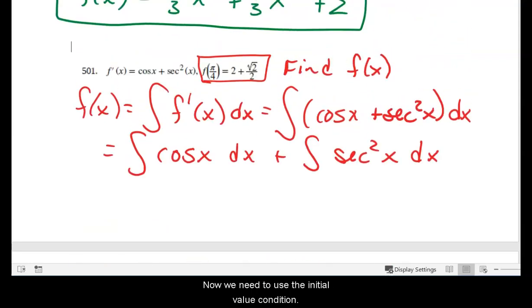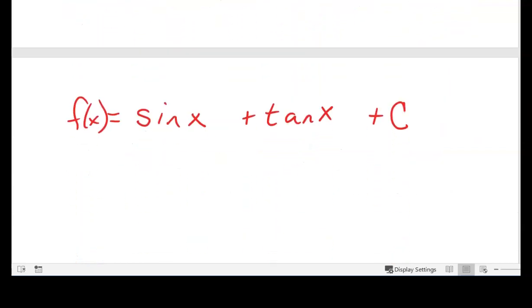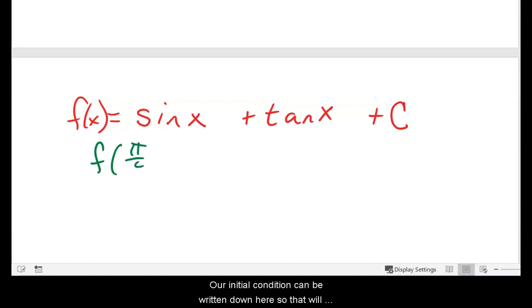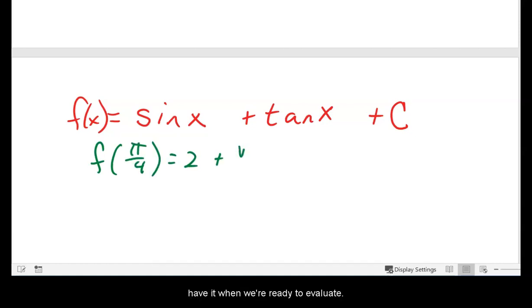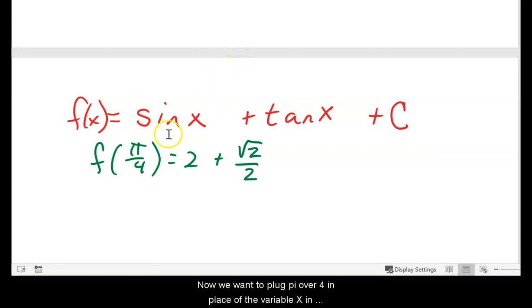Now we need to use the initial value condition. F of pi over 4 is 2 plus the square root of 2 divided by 2. Our initial condition can be written down here so that we'll have it when we're ready to evaluate it. Now we want to plug pi over 4 in place of the variable x in our antiderivative function so that we can pin down the precise value of the constant c.